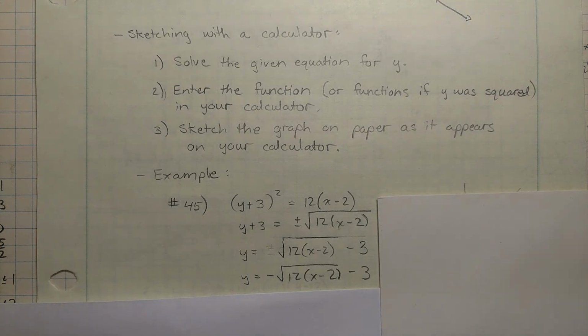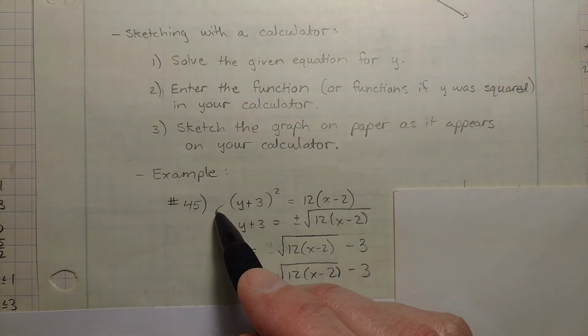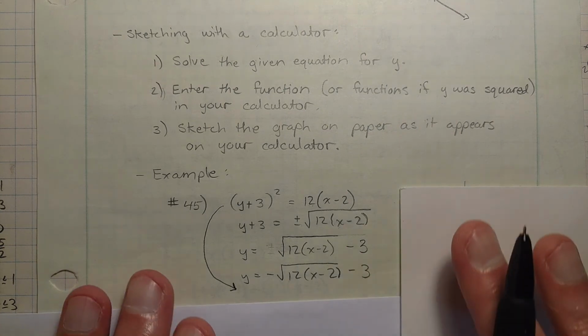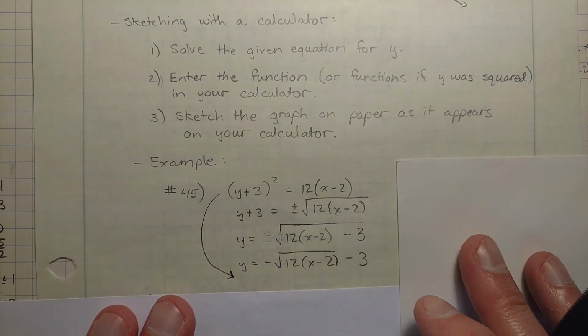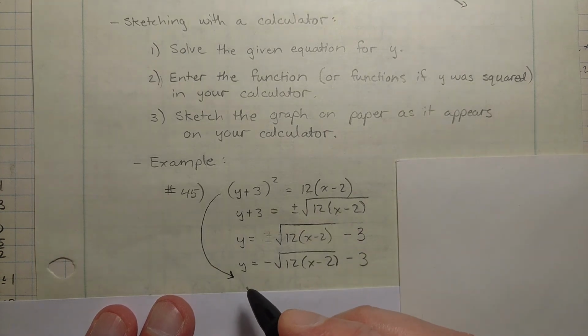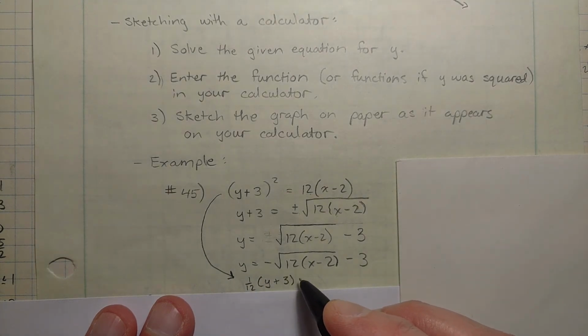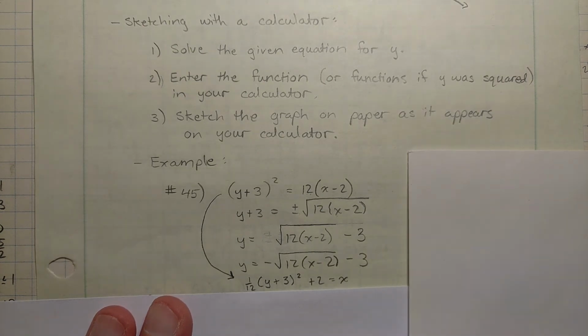So writing that down, if I was solving for x, I would get 1/12 times (y plus 3) squared, and then I would add 2, and that would equal x.